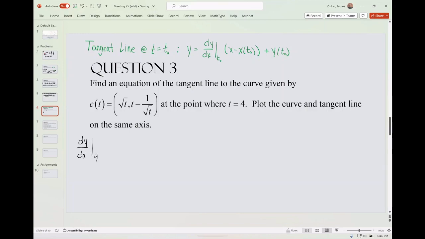Which means we need to find that first. That's the slope. What is y dot? So derivative of y with respect to t.